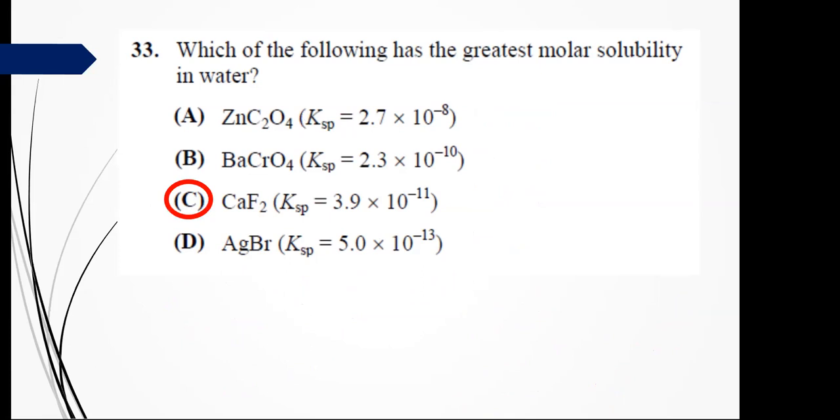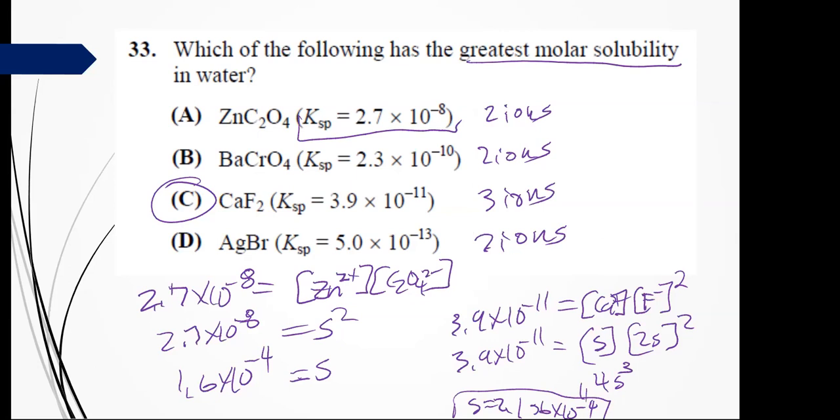Wait, so did you make sure that you take into account, you did 3.9 times 10 to the negative 11 divided by 4, and then did the cube root of that value? Yes. I get a bigger number. I get 9.367 times 10 to the negative 6.